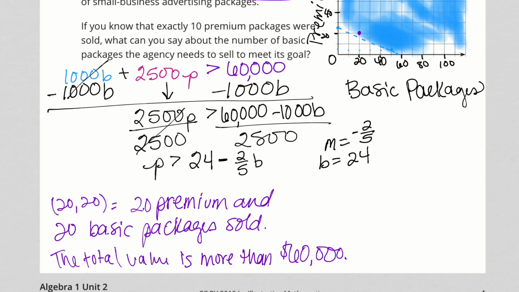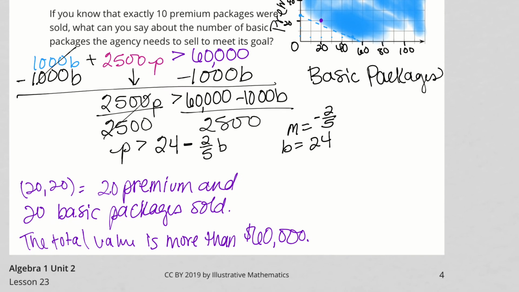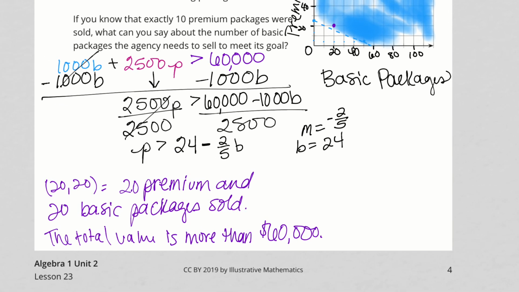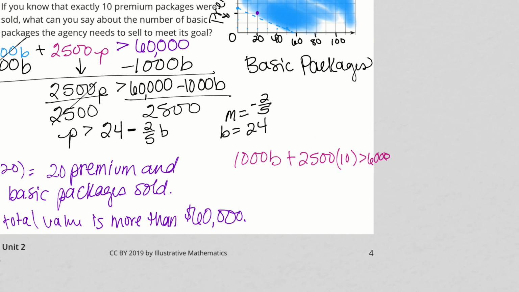Okay. So if you know exactly 10 premium packages were sold, what can you say about the number of basic packages the agency needs to meet its goal? So if we plug in a 10 for premium, we'll get 1,000B plus 2,500 times 10 is greater than 60,000.